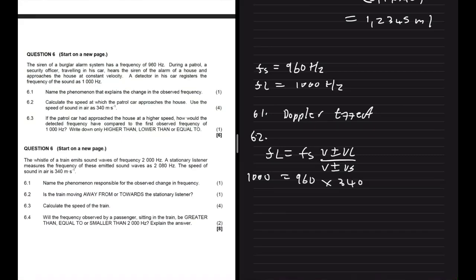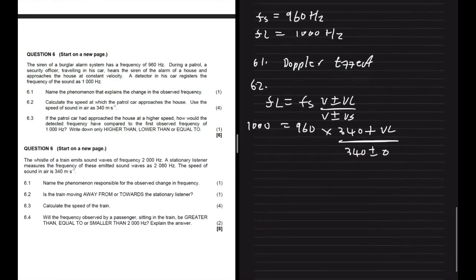We're supposed to calculate the speed at which the car is approaching, so now it's the velocity of the observer that we calculate. If it's approaching, then on the numerator we have a plus VL. If it was moving away, we'd have minus. On the denominator we have 340. The sound source is stationary, so plus or minus 0 doesn't matter.